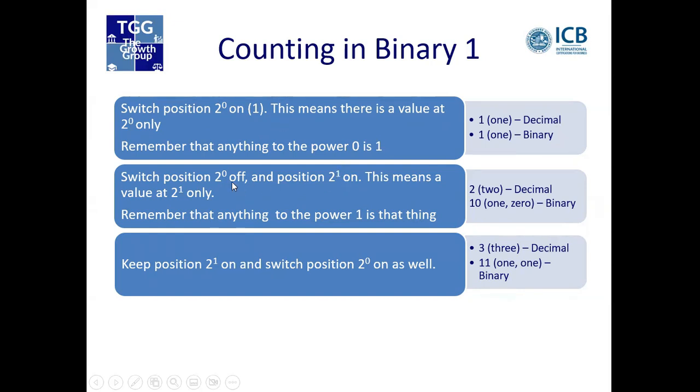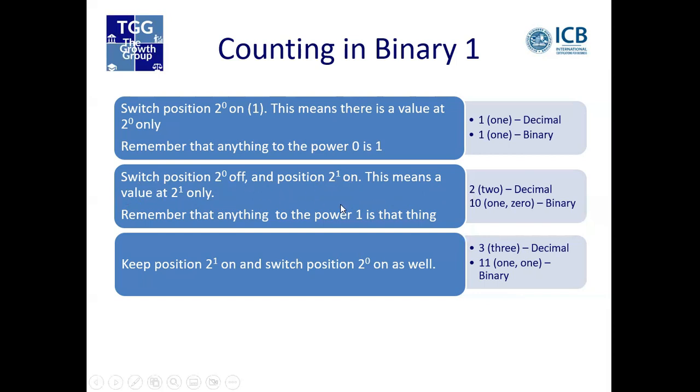So what do we do when we get to 2? Well, we switch the position 2 to the power 0 off, and we switch position 2 to the power of 1 on. This means a value at 2 to the power 1 only, which is 2. Okay.